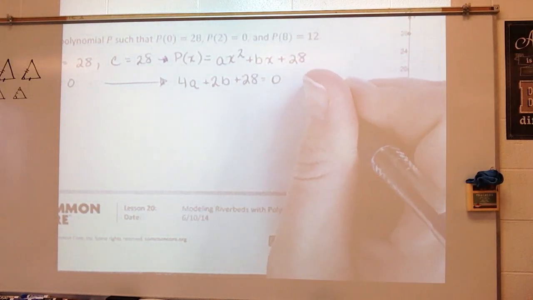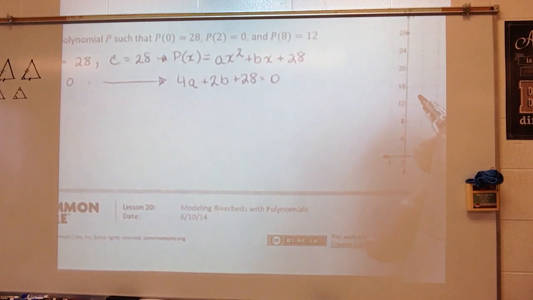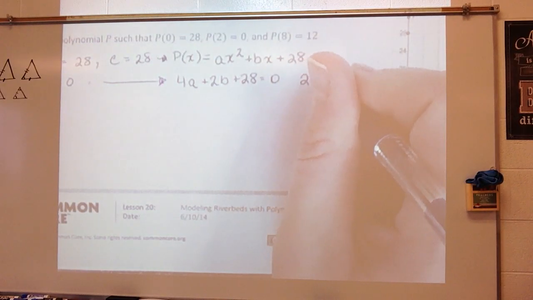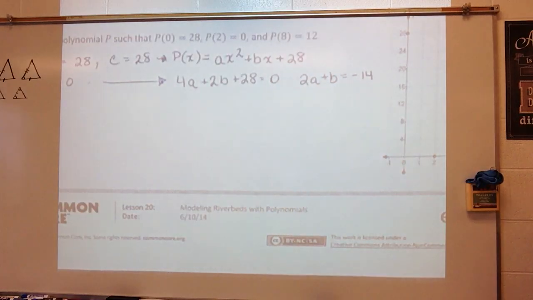So that would give me 2a plus b is equal to negative 14. I just divided everything by 2 because I want to be able to solve for b.